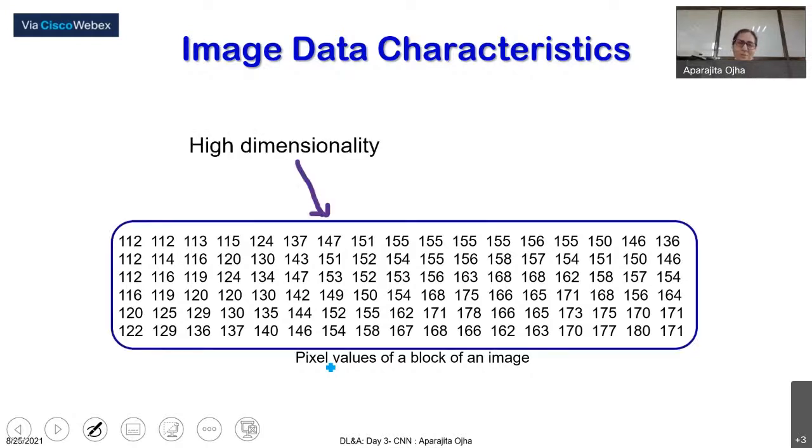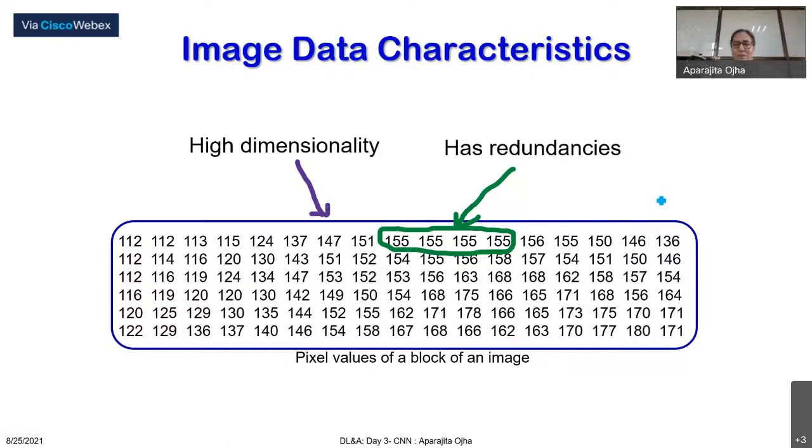One is very clear, that it is high dimensional. Second, it has certain redundancies, or you can say there are some repetitions. This is an image block where I've taken pixel values from one of the RGB channels.